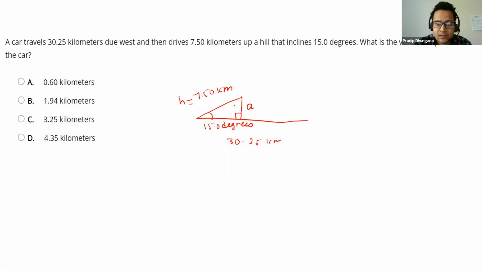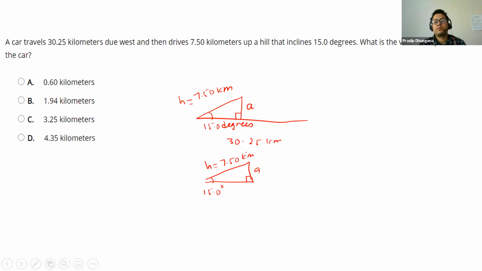Now I'll make another diagram where we only have that right angle triangle. This is 90 degrees, this is 15.0 degrees, and its hypotenuse is 7.50 kilometers.